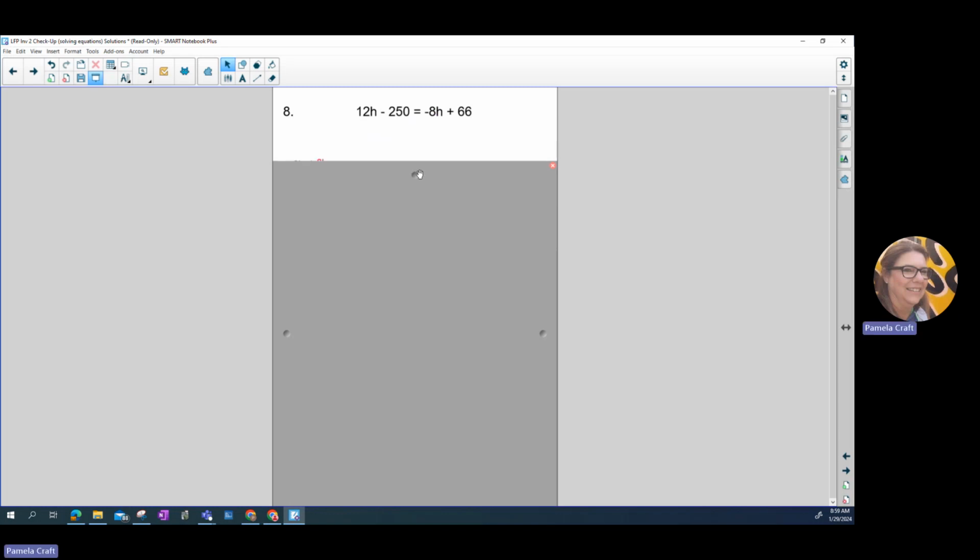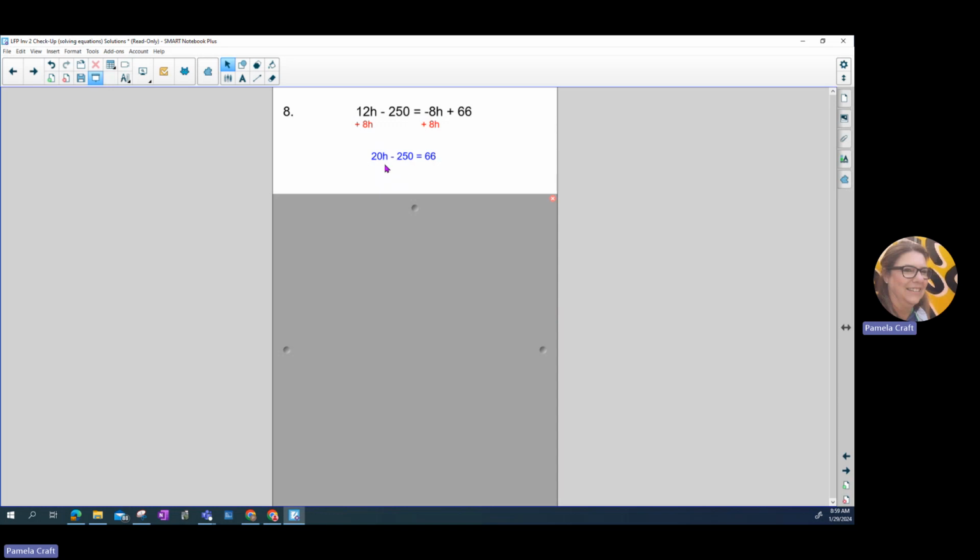So I'm going to add that 8H, again, because I prefer to keep the number in front of the H positive whenever I can. So adding those 8H's just to the H's, I'm going to end up with 20H's over here. Bring down that minus 250. And on the right, you only have a positive 66 left.